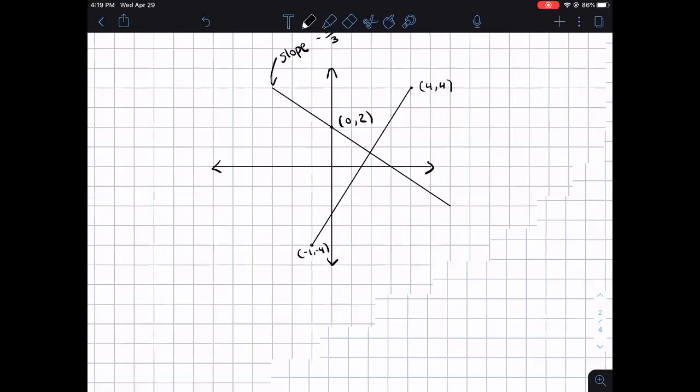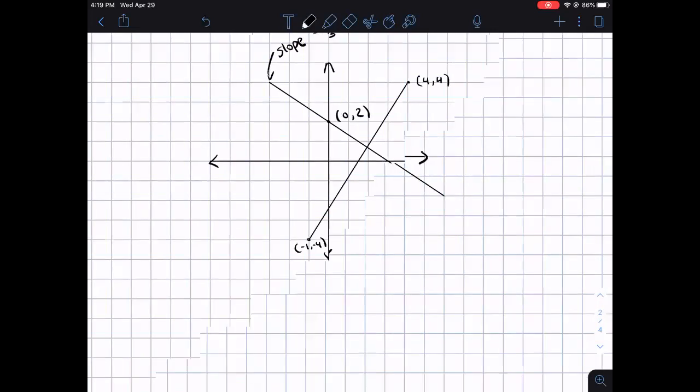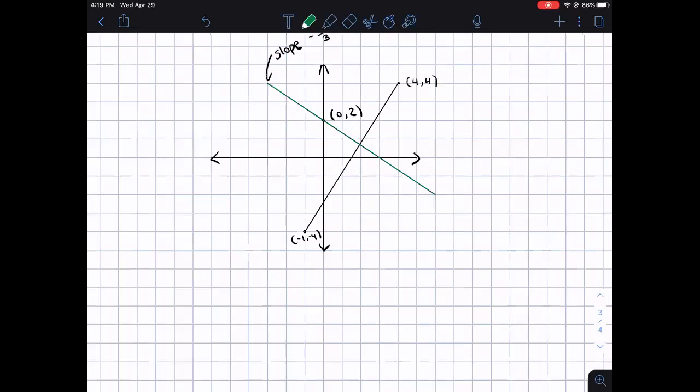So let's first find this line, and let's color it green, just to make it easier. This passes through 0, 2, and has slope 3. Notice that this is the y-intercept.